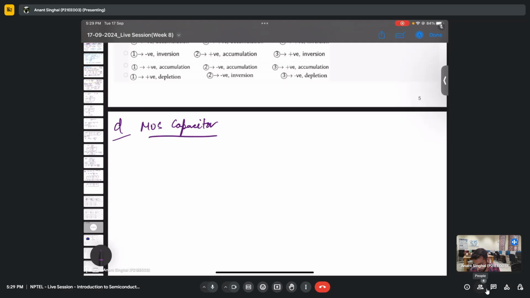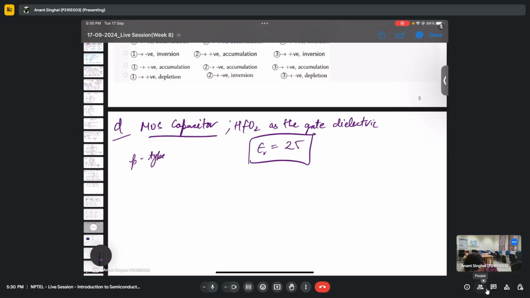We have a MOS capacitor, and we have HfO2 as a gate dielectric. HfO2 has a relative epsilon of 25, and we have a P-type substrate. Let's say the electron affinity for the substrate is 4 electron volts, and Eg I'm giving as 1.5 electron volts.